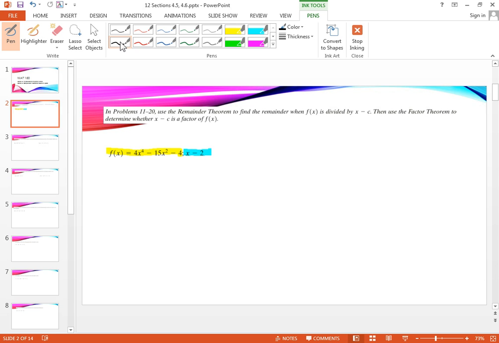Okay, so we want to do f of c. C here is 2. Watch your signs. It's x minus c. So x minus 2, 2 is c. So you're literally going to plug c into the function and see what happens.